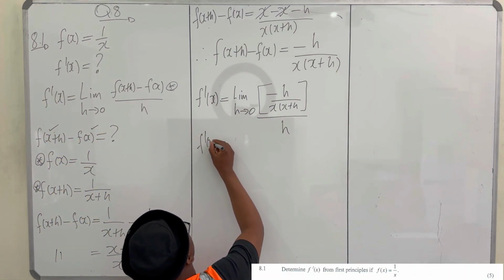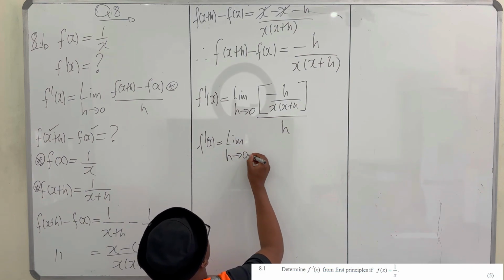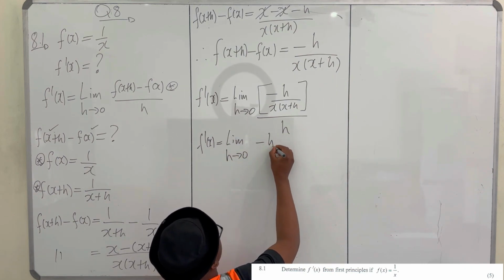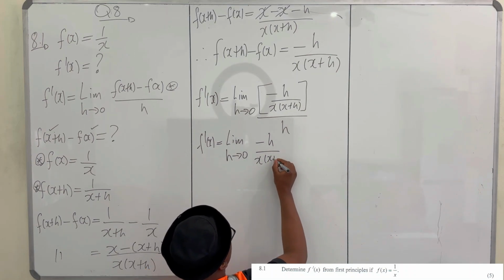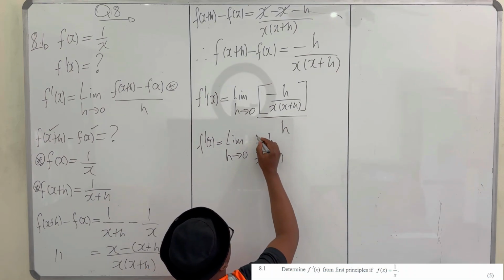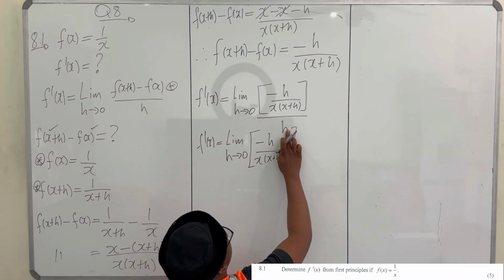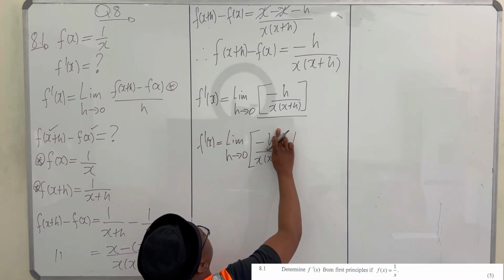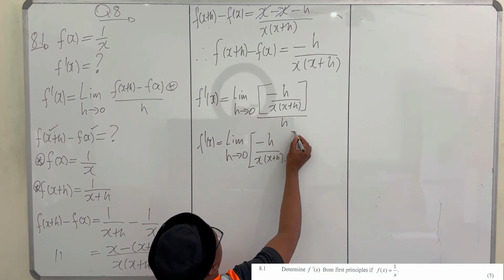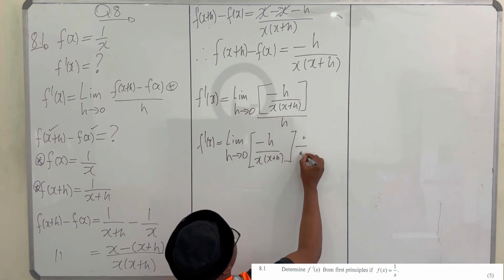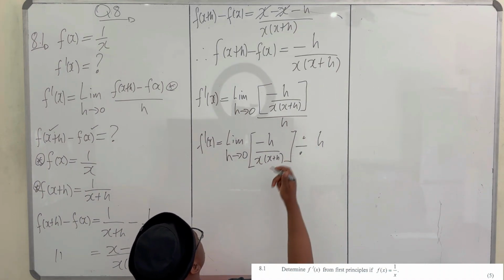F prime at x is equal to the limit as h goes to 0 of negative h over x into x plus h, right? Which is this. This is h for the top one, divided by h. So you change this division into a multiplication.